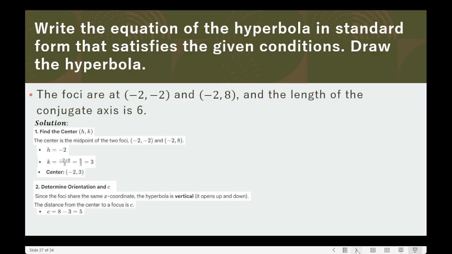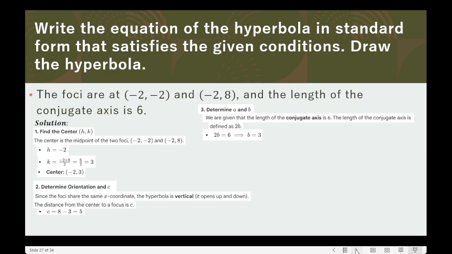To compute for the value of c, that is simply equal to 8 minus the y coordinate of the center, which is 3, so c is equal to 5. Then determine a and b values. We are given that the length of the conjugate axis is 6, which is defined by 2b.